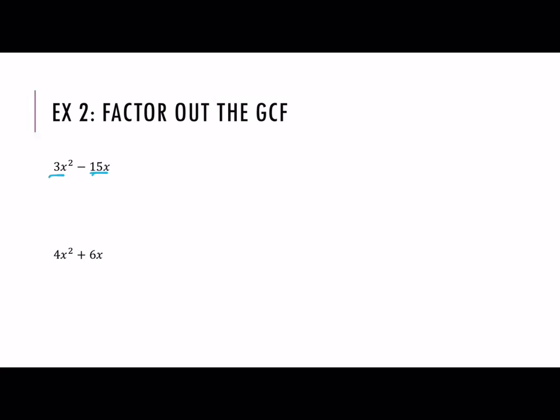So if you look at the numbers first, into 3 and 15, 3 goes evenly in, that's the largest thing. And then if you look at the variables x squared and x, well, you can divide both of those by x, but nothing greater than that, not like x squared, because this last term only has an x, not an x squared. All right, so 3x is the greatest common factor.